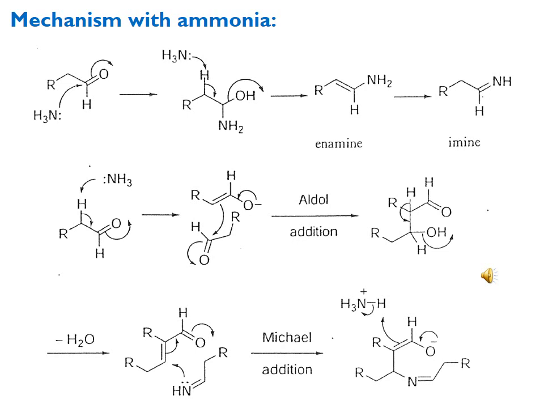This alpha carbon acts as a nucleophile, attacks another aldehyde molecule and moves through the aldol condensation mechanism, and we get the aldol condensation product having aldehyde functionality and alcohol functionality. Then after the removal of water, we get the double bond in this aldol product. This aldol product after getting the double bond is normally termed a crotonaldehyde.